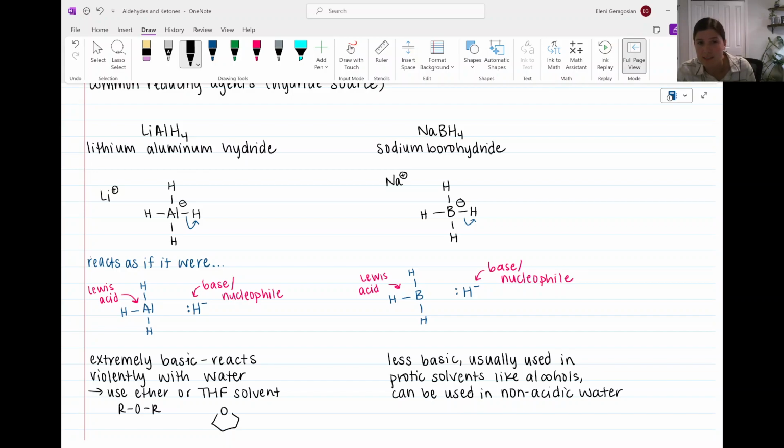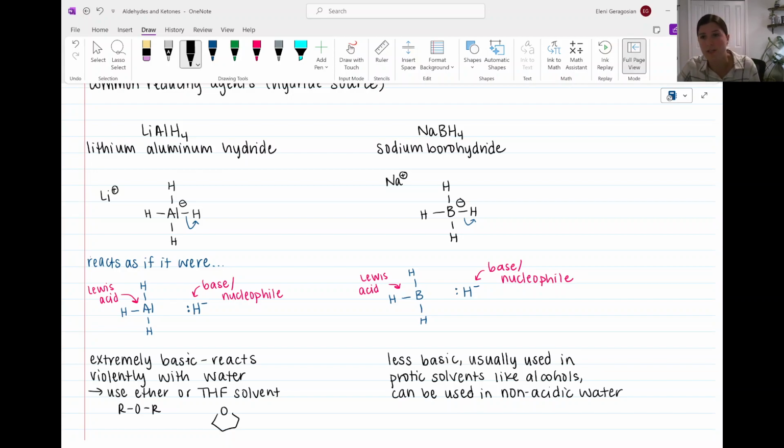So that bond is more like an ionic bond, where the hydrogen is the negatively charged ion. Boron is more non-metal, that is more of a covalent bond between boron and hydrogen. So the hydride there is not quite as strong of a base because of its interaction with the boron being more of a covalent interaction.